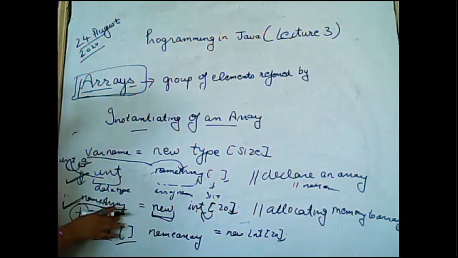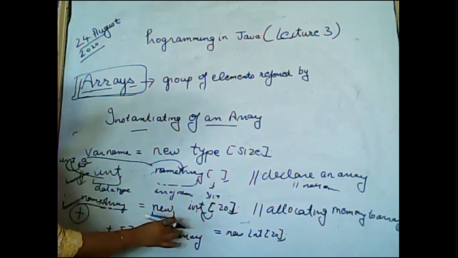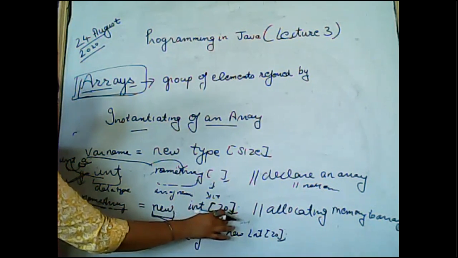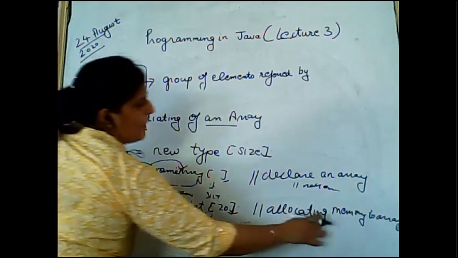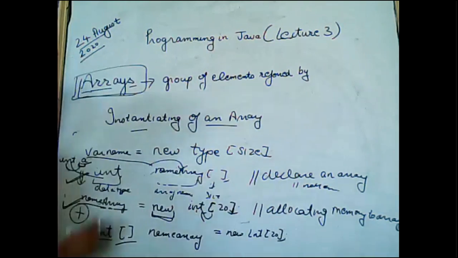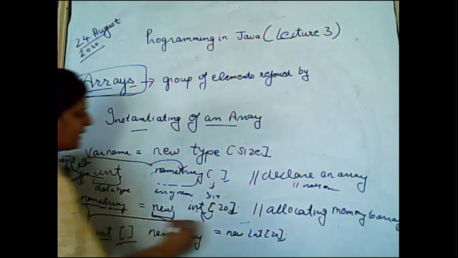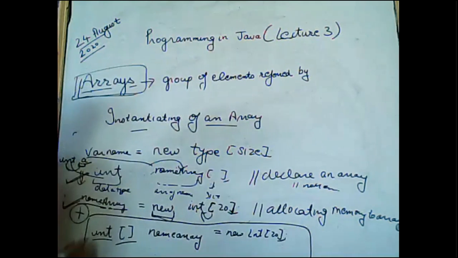When you define that array, it is array name equal to new int 20. By this you are allocating memory to the array. Either you can instantiate an array by these two steps, or you can finally write it like this. It is a combination of the above two statements.